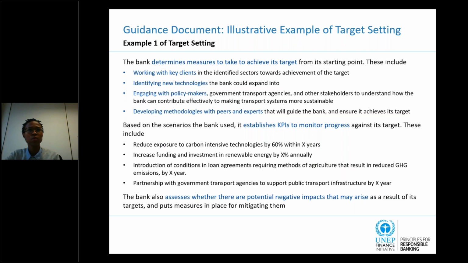So this is the concept of setting targets. You have a general target, you determine your measures, and then you set your KPIs.